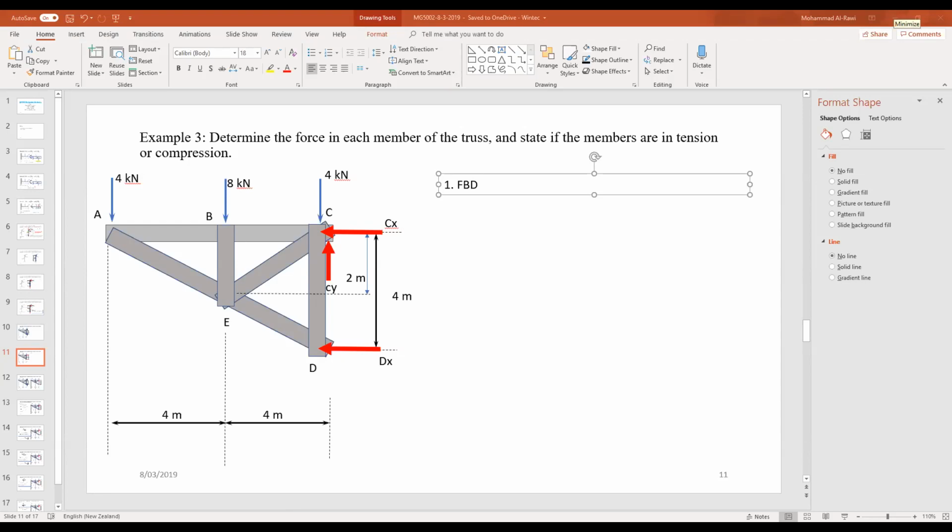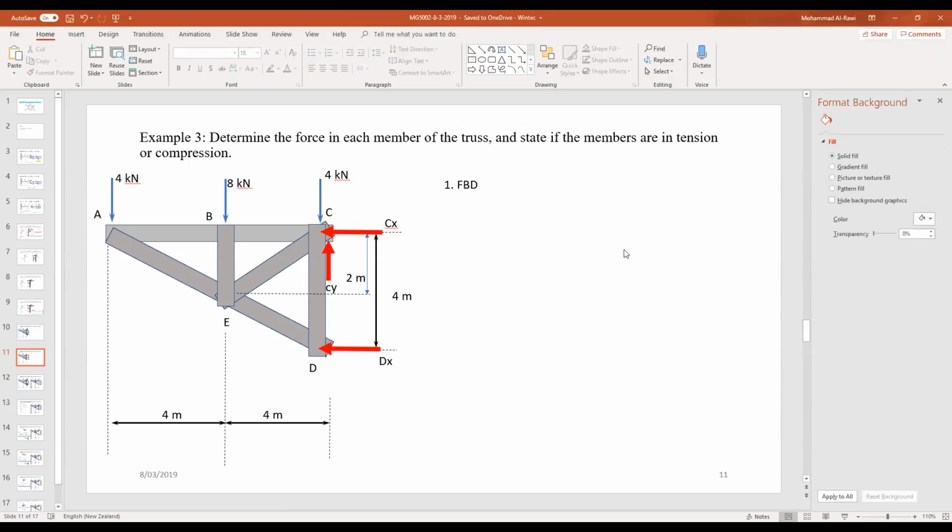So if we draw the free body diagram, what's next? Any answers? What's next?